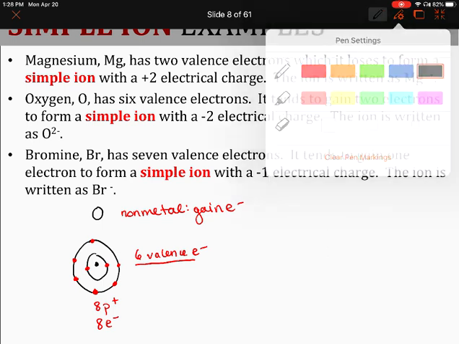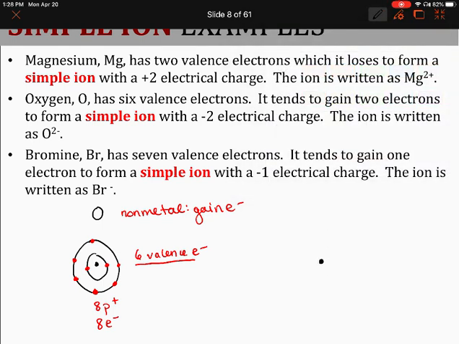All right, so let's see what oxygen would look like if it gained electrons. So again, we would have 2 electrons in the center, and in order to have 8 total electrons in its outer shell, oxygen has to gain 2 electrons. So now it has 8 valence electrons.